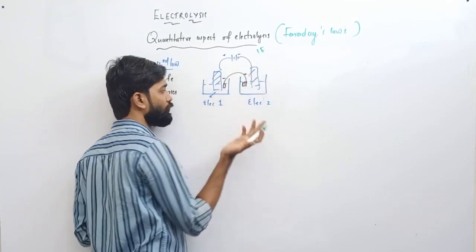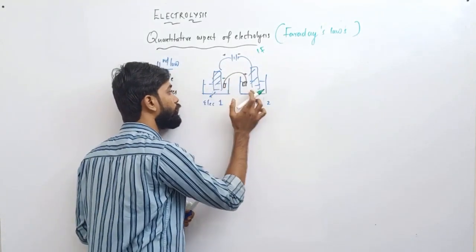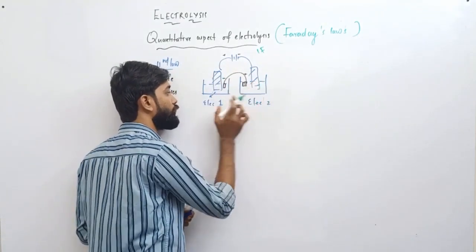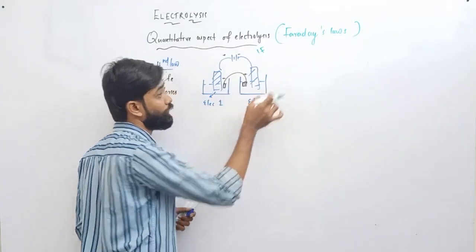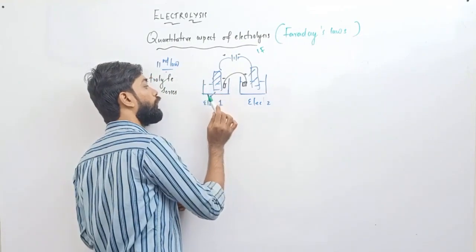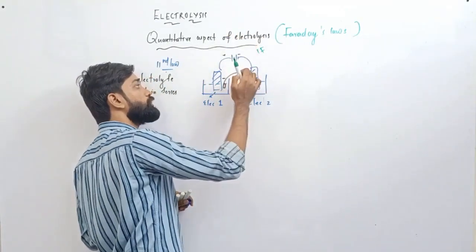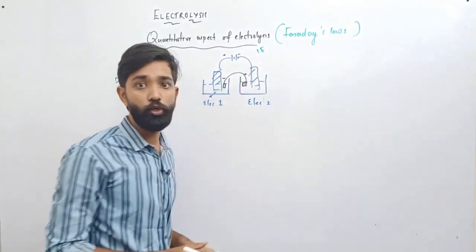So 1 farad supplied means one equivalent mass is deposited here, and here also one equivalent mass is deposited. But the equivalent mass of electrolyte number 1 will be entirely different from the equivalent mass of electrolyte number 2, right? So however much current is passed, the deposition will be proportional to their equivalent mass.